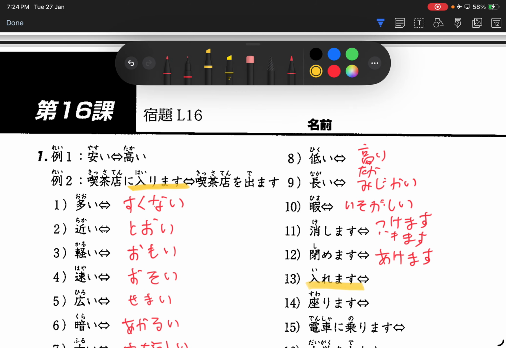So that's the difference between iremasu and hairimasu. Hairimasu is I go in. Iremasu is I put in. This is the intransitive and transitive verb. Hairimasu you just say I go in, you don't need to do anything. Iremasu is a transitive one, then you put something in. So you have to do something.